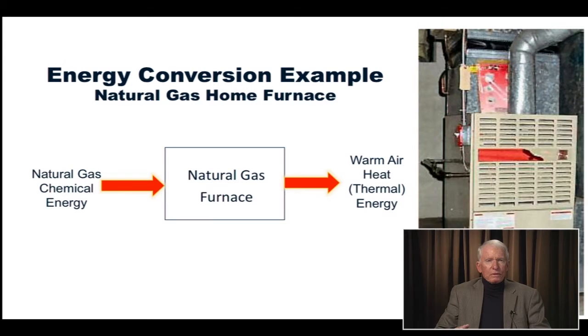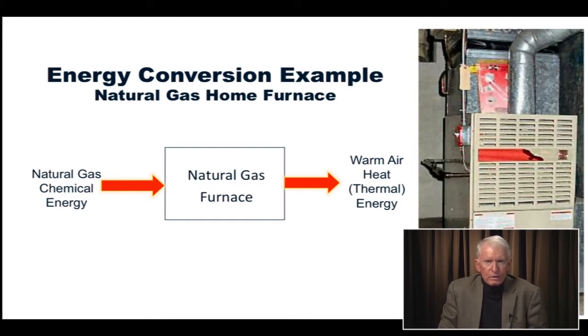Another example is we take natural gas chemical energy and we burn it with the oxygen in the air. A furnace is shown on the right-hand side. That's a typical warm air furnace, as we call it, in the U.S. The Western European and other countries don't have as many warm air furnaces, so they have more water radiators.